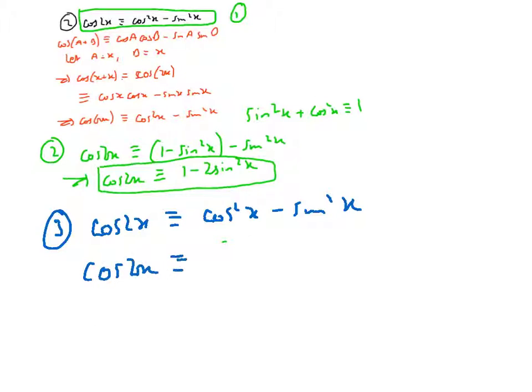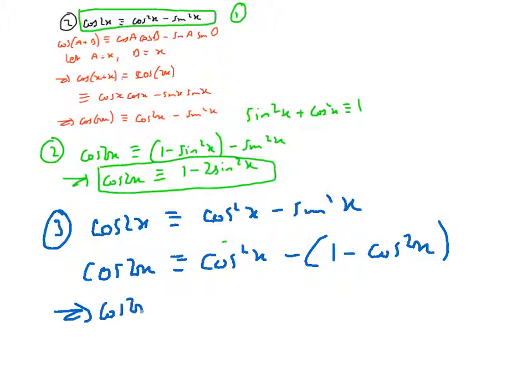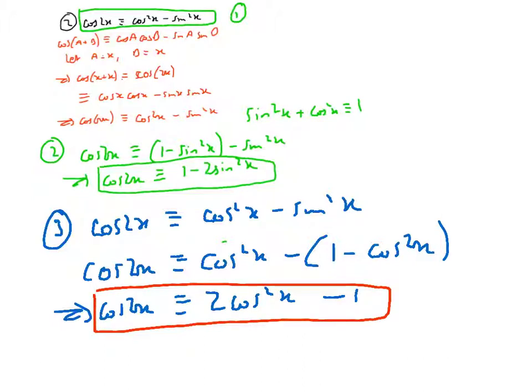So I get cos 2x is always equal to cos squared x minus (1 minus cos squared x), from our identity here that we learnt in C2, which implies that cos 2x is always equal to, well, this is cos squared x plus cos squared x minus 1, so 2 cos squared x minus 1. And there we go, that's version number 3 proved. So you can see we've got 1, 2, 3 versions of the same formula. I recommend that you do commit those three to memory.